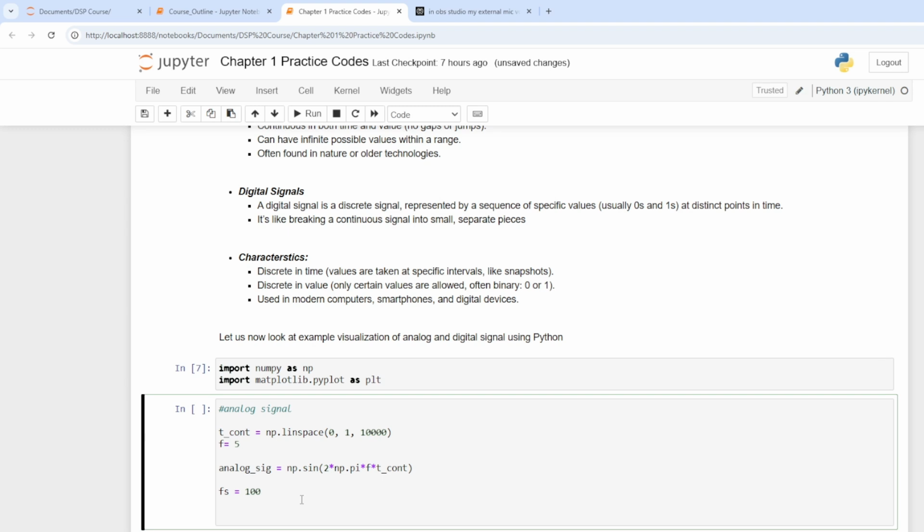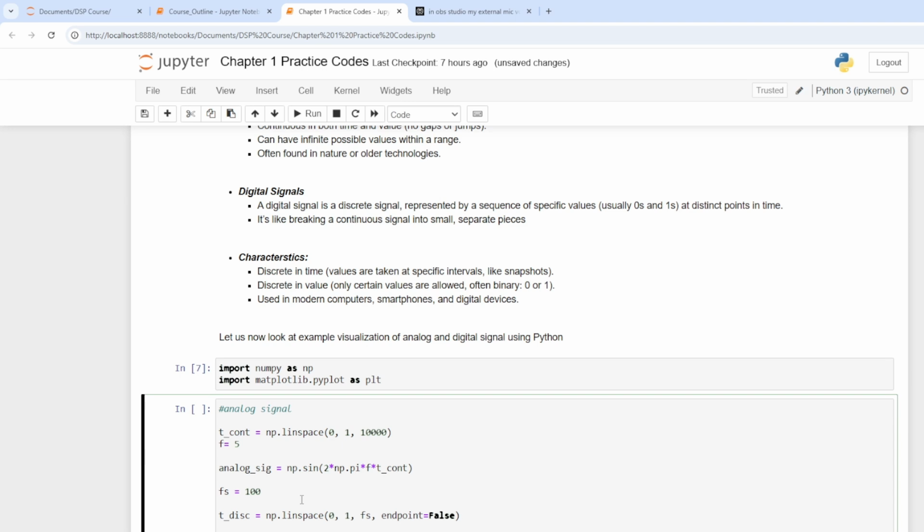We take 100 samples in discrete form, and we'll plot this. So we need the time in the discrete form, which should be between 0 and 1 with the sampling rate, and endpoint is false. So this will give us 100 samples, from 0 to 99, and will not include 100 itself.